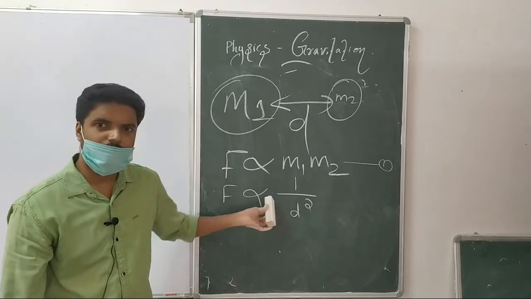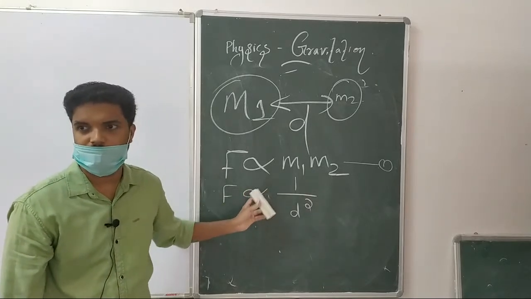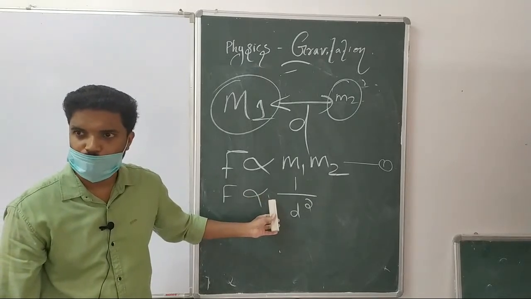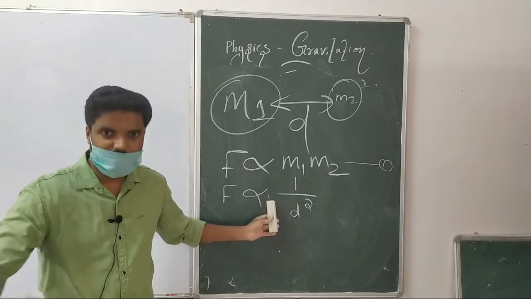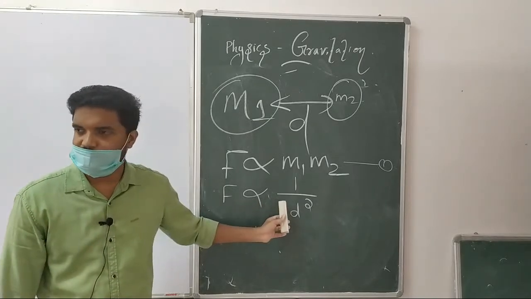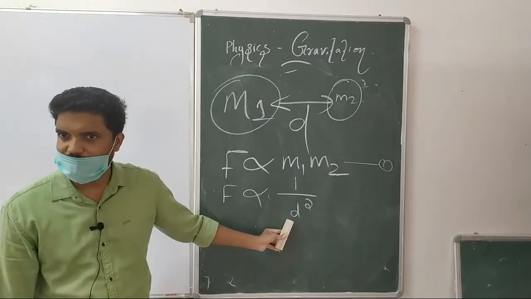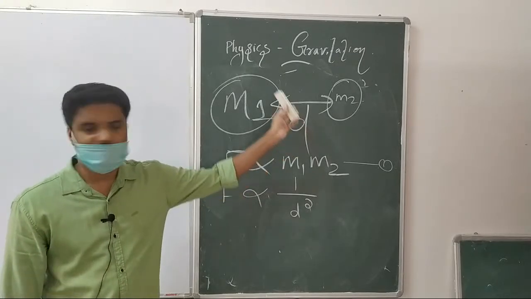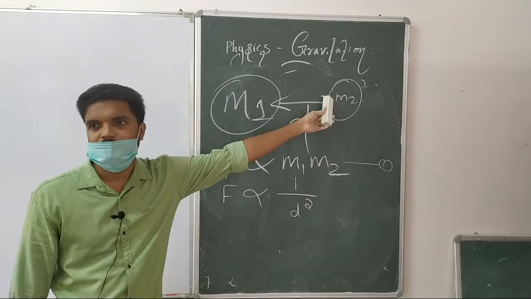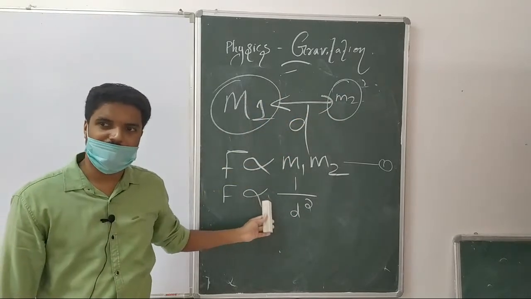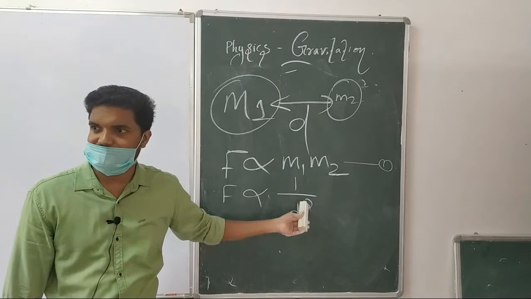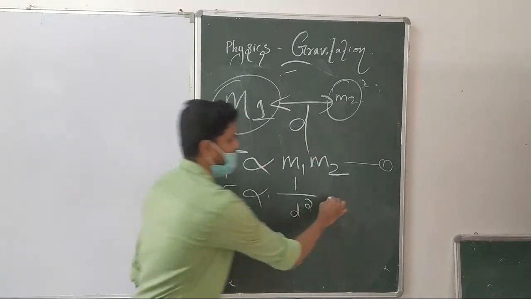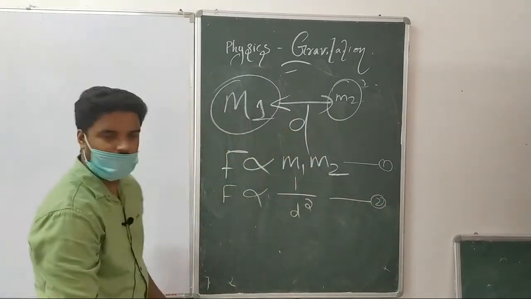How can I state it in a sentence? The gravitational force is inversely proportional to the square of the distance between the two bodies. This is my body number 1, this is my body number 2. This is my equation number 2.